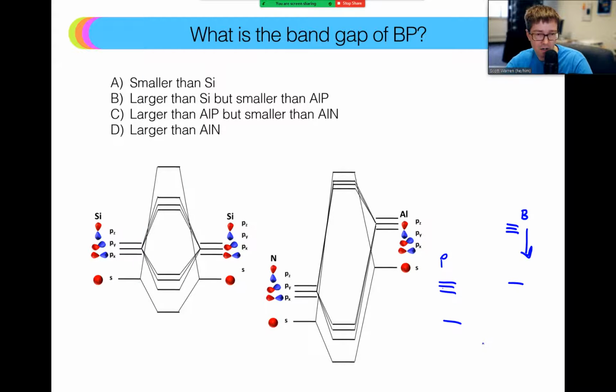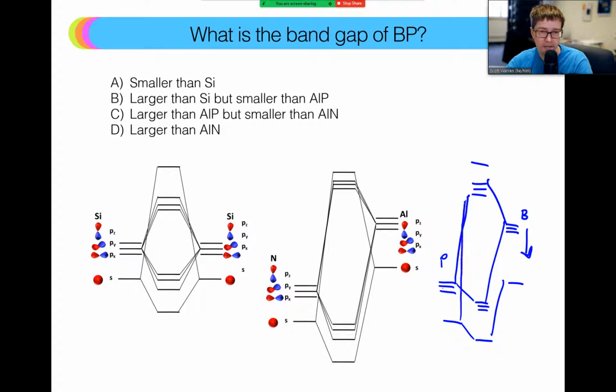Okay. So now when we build our molecular orbital with our bonding set and our anti-bonding set, we get something that looks like this. And the great thing about this example is that the electron count is exactly the same as before.